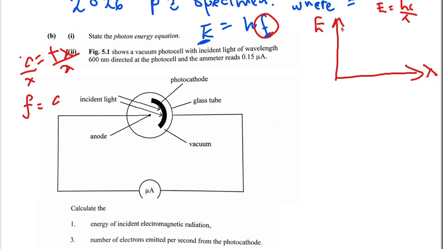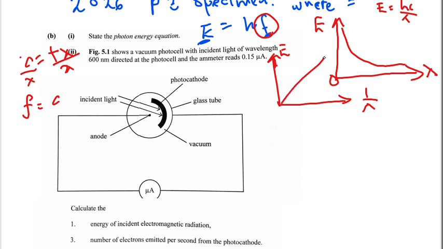But you must also be careful, because you can have a graph of E versus 1 over lambda, and E and 1 over lambda are directly proportional. Okay, let us proceed to the next question.